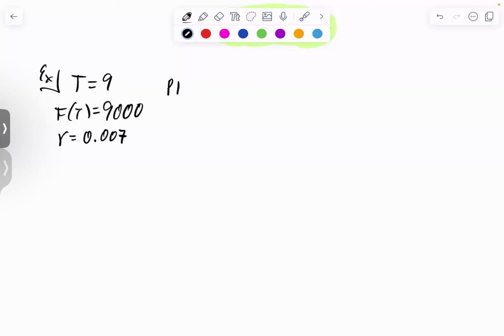So let's find the present value. There is our integral.